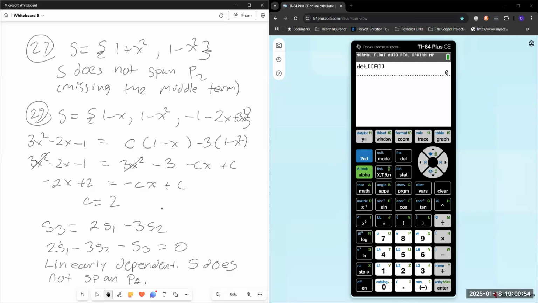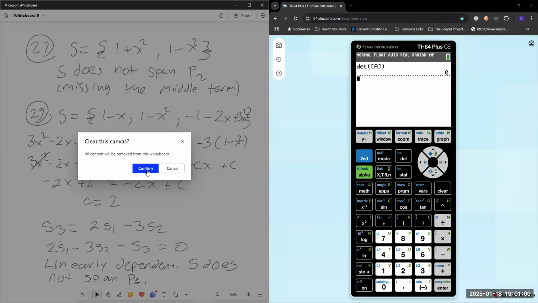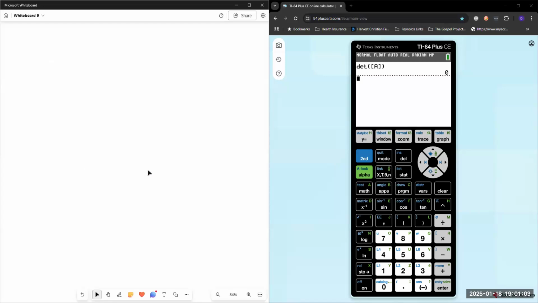Let's look now at number 39. The instructions there ask me to determine whether a set is a basis, and my set S is, for negative 3, 5, 2.